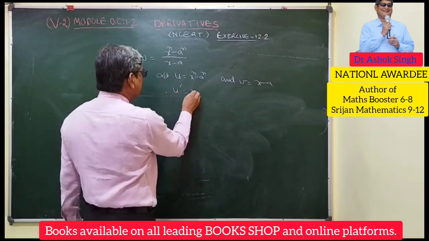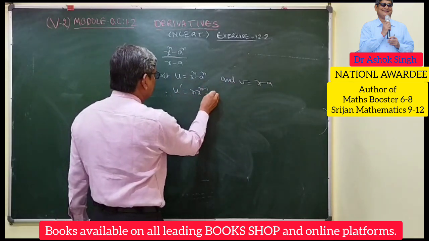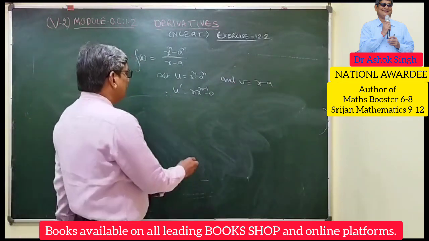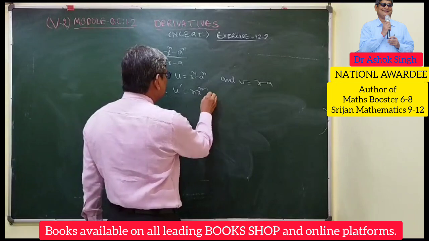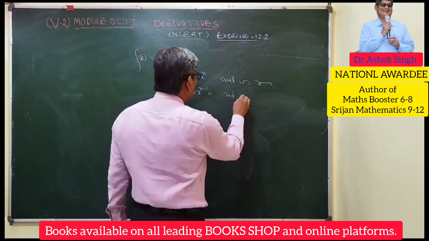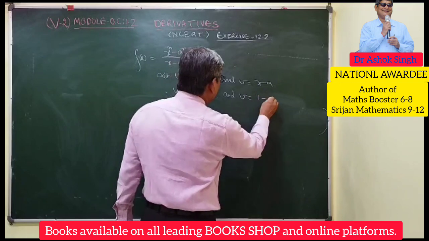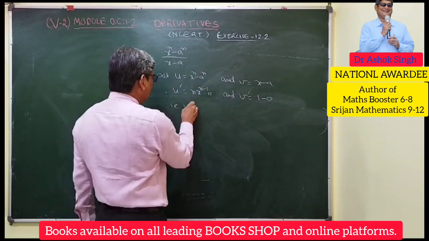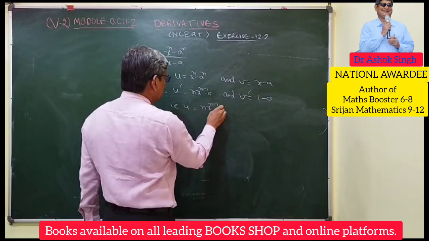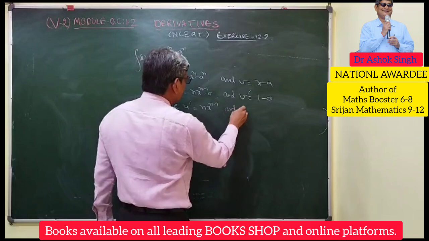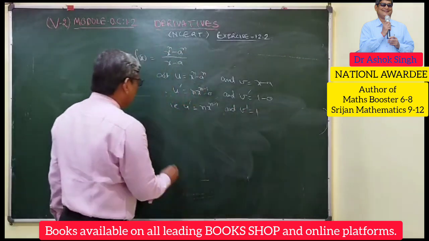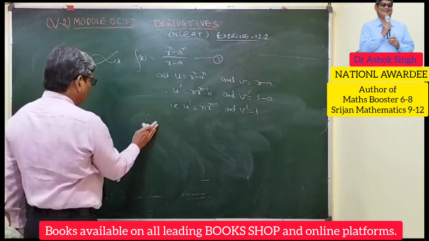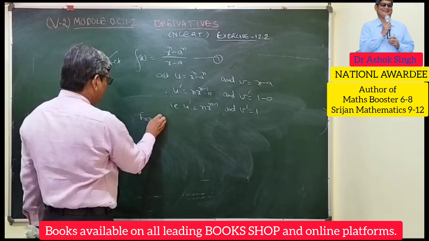Therefore, u dash is equal to n x to the power n minus 1 minus 0, because a is taken as constant. And v dash is equal to 1 minus 0, that is 1.